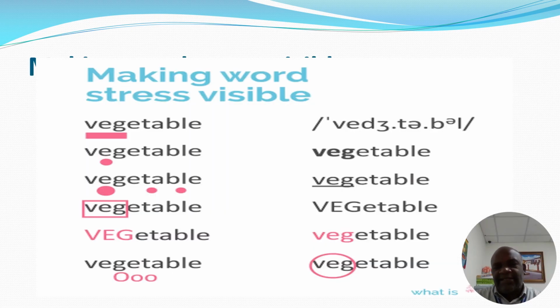Making word stress visible. We can say, for example, the word vegetable. We can feel that we put more intonation on the first part of the word. Vegetable, vegetable, vegetable.